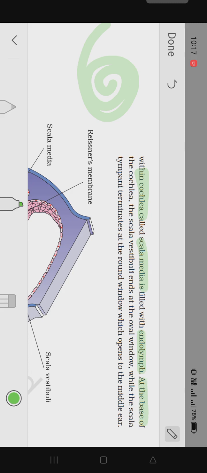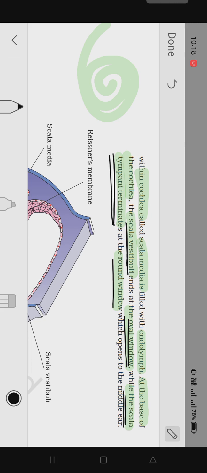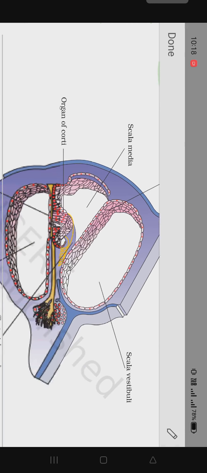At the base of the cochlea, we have the scala vestibuli, which ends at the oval window, while the scala tympani terminates in the round window. We must know this: the oval window gives rise to and continues in the scala vestibuli, and the scala tympani terminates in the round window, which opens into the middle ear.